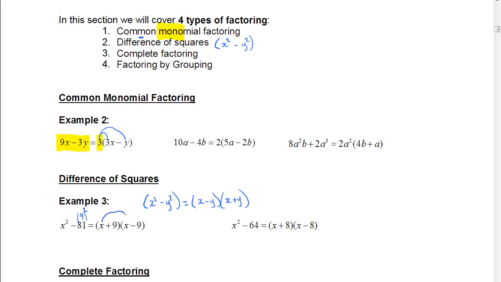And again, to check, if we expand it, we get x squared plus 9x, then minus 9x, and minus 81 when we multiply the 9s. You notice the middle terms cancel, and you're left with x squared minus 81. If there's a plus between, that rule doesn't work.